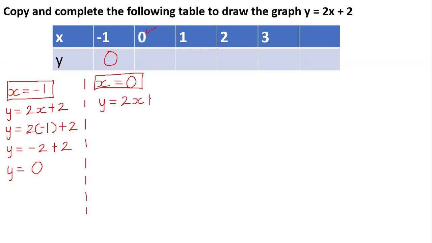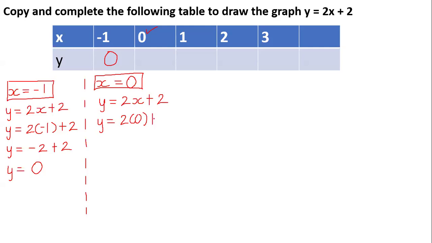Plus 2. Okay, so we substitute, right? Wherever we see x, we put what? We put 0. It's going to be 2, open bracket, 0, plus what?